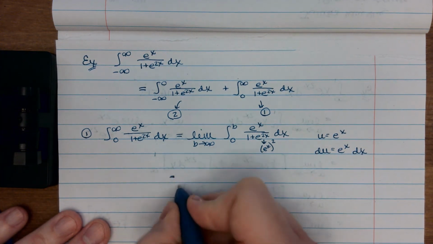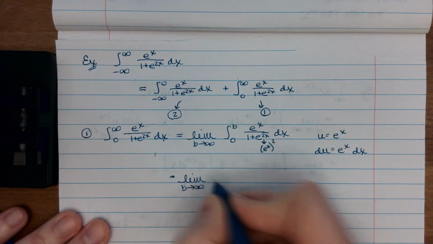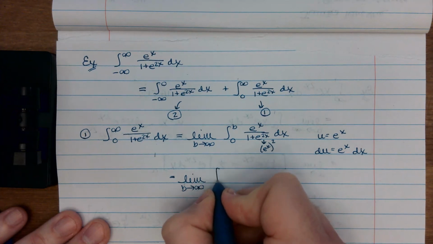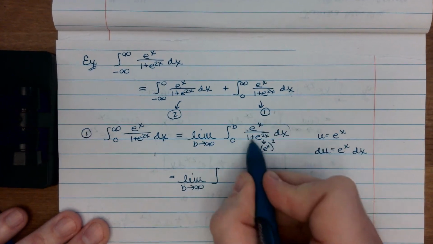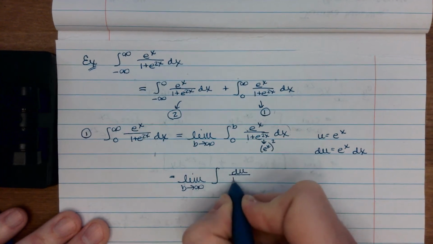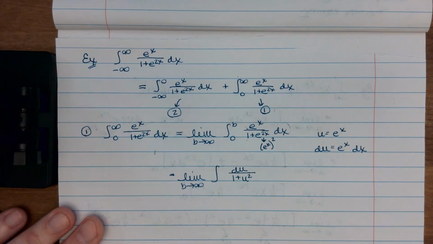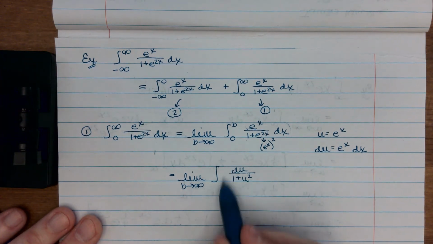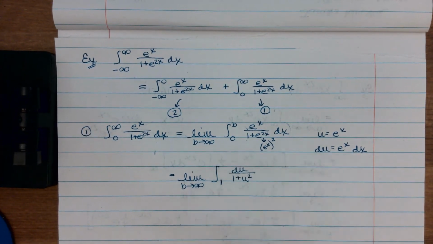This is going to become the limit as b approaches infinity of the integral of, okay, I can say this top is du, and I can say the bottom is 1 plus u squared. And this is starting to look like a form that we dealt with at some point throughout the class. I do need to change my limits of integration. 0 is going to become e to the 0. That's 1. B is going to become e to the b. Well, that's e to the b.